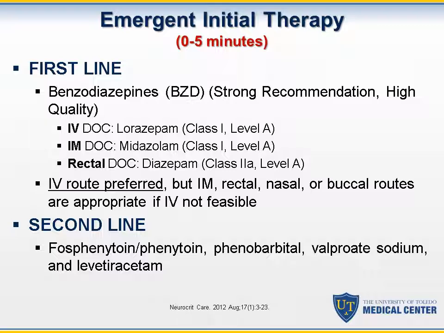So the IV drug of choice is lorazepam, the IM drug of choice is midazolam, and the rectal drug of choice is diazepam. The IV route is preferred, so diazepam rectal is recommended only when there is no IV access and IM midazolam is contraindicated. Less preferred options include fosphenytoin or phenytoin, phenobarbital, valproate, and levetiracetam.